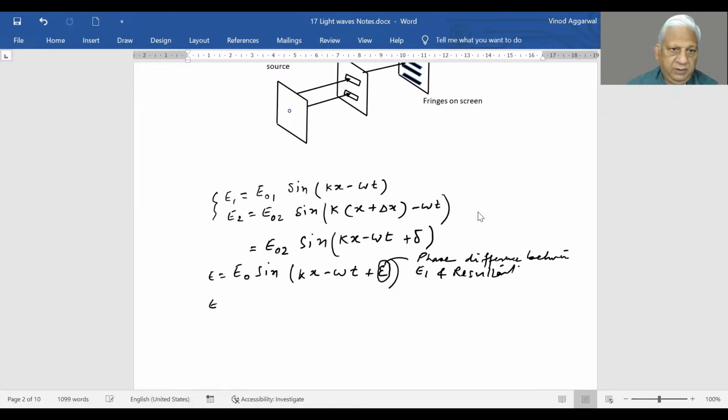Then if we evaluate the amplitude of the final wave, it is given as. Now this delta is the phase difference between E1 and E2.